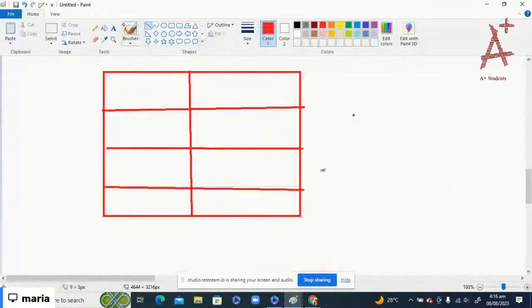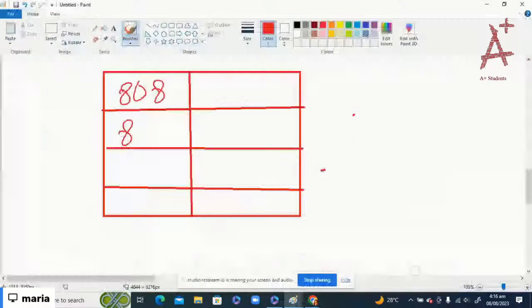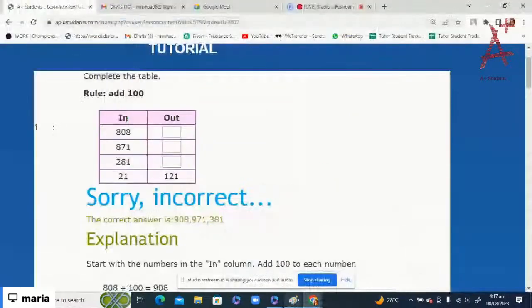Okay, let's do it now. 881, 808, 871, 81, and then 21.